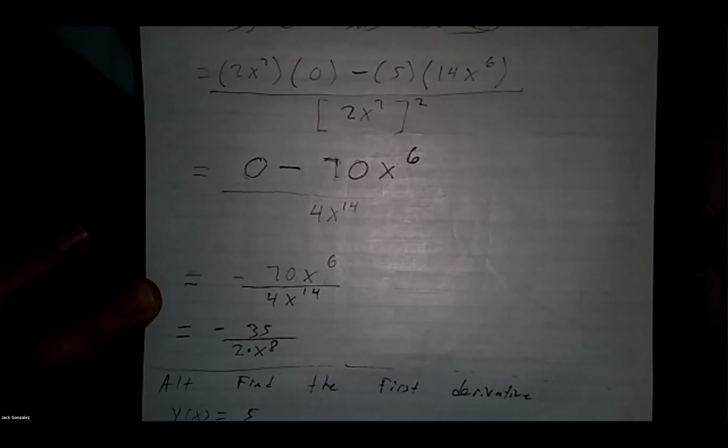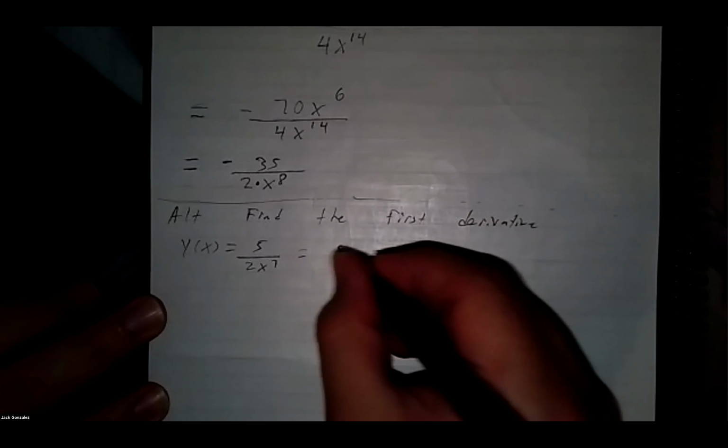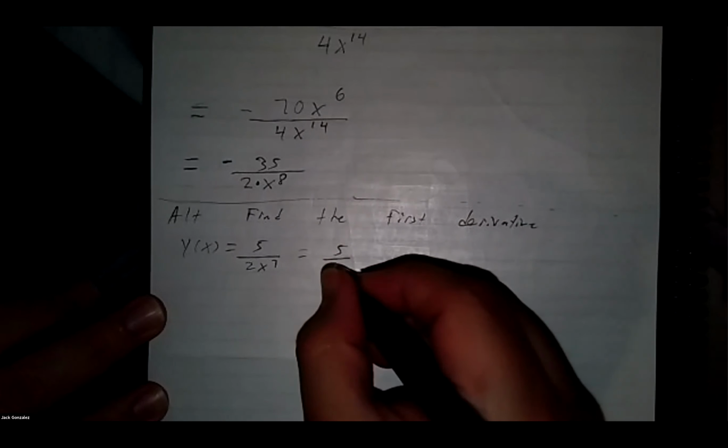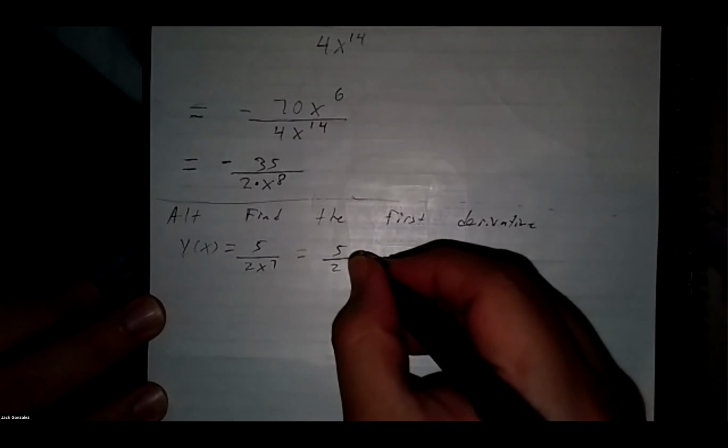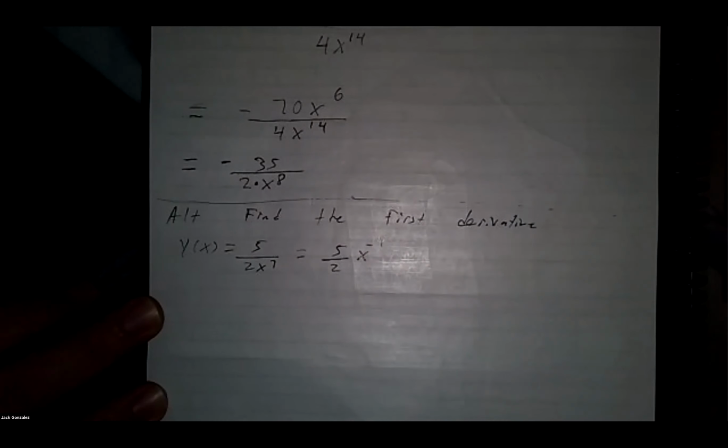So 5 over 2x to the 7 would simply be just to bring up the x to the 7 to the top. You can leave the 2 on the side, or you could leave the 2 on the bottom. Same thing.